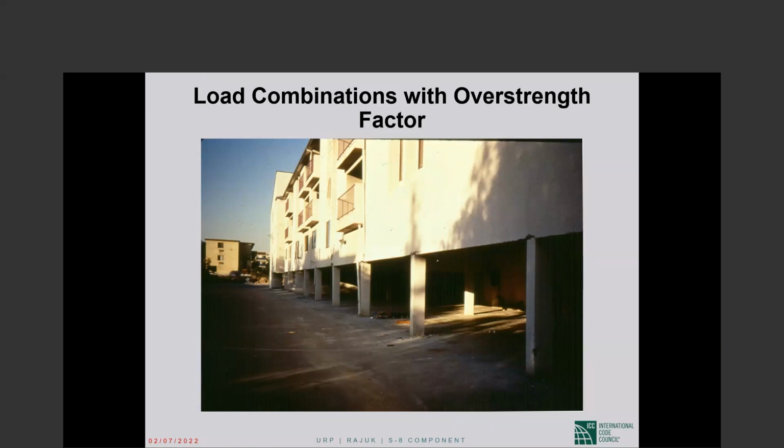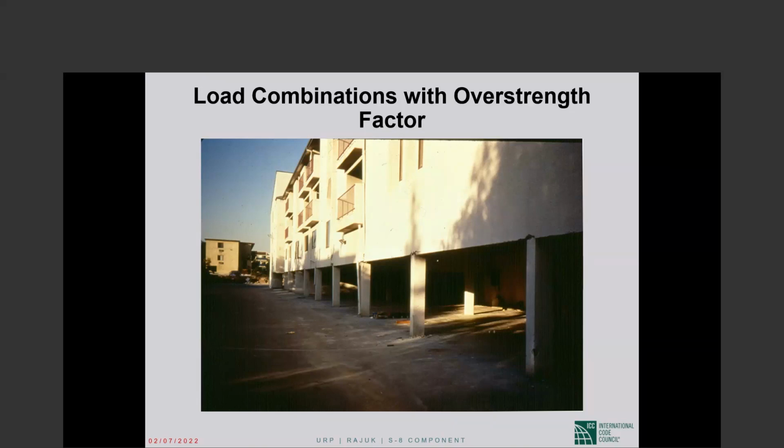The bottom story is laterally much less stiff than the upper levels. And so in an earthquake, the inelastic deformations will be concentrated in the lowest level, and those columns will be very vulnerable to damage.